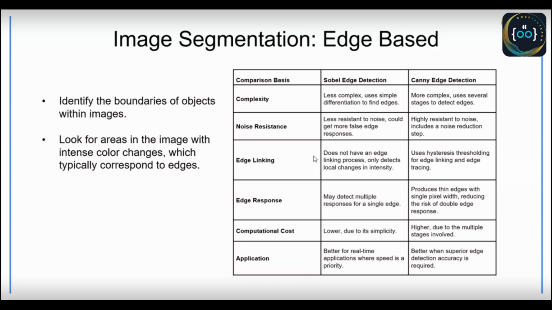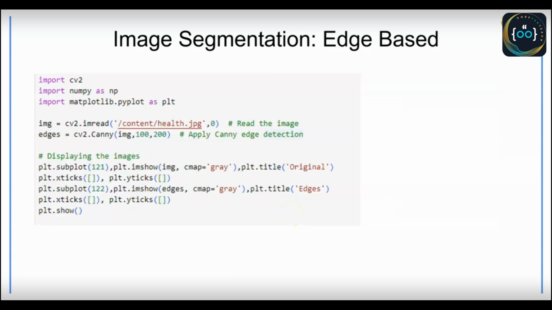If we need quick and decent results, Sobel might be our go-to. However, if you want more accurate edge detection and have the computational resources, the Canny edge detection algorithm would be the more appropriate choice. Let us now see Canny edge detection in action.